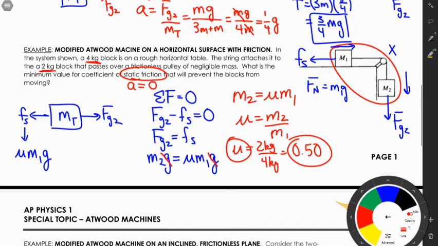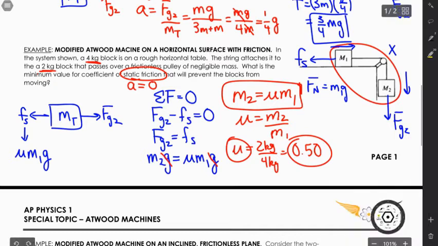I know how much is sitting on the table, I know how much is hanging. You would plot this graph: hanging mass to table mass, and the slope of that graph would be your coefficient of friction.